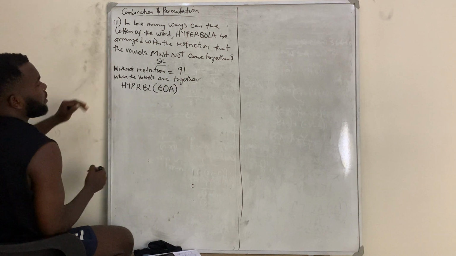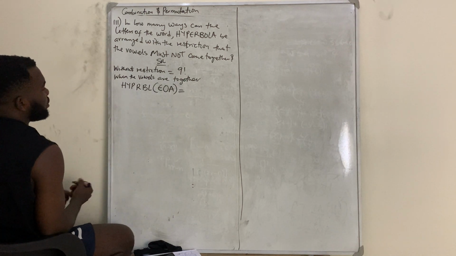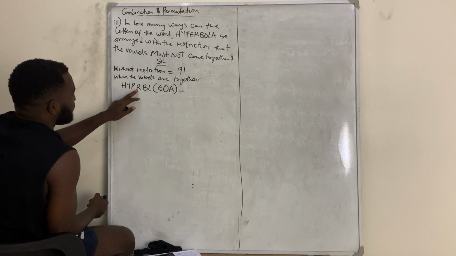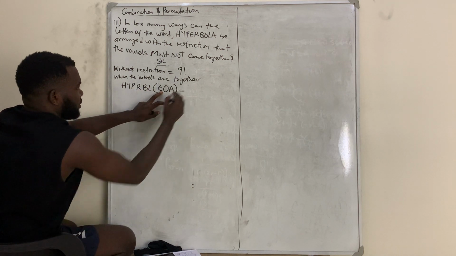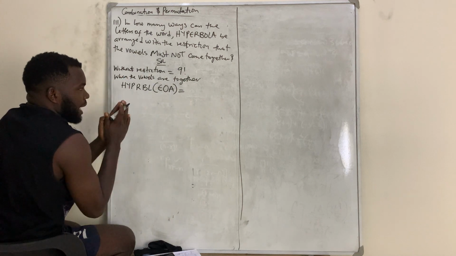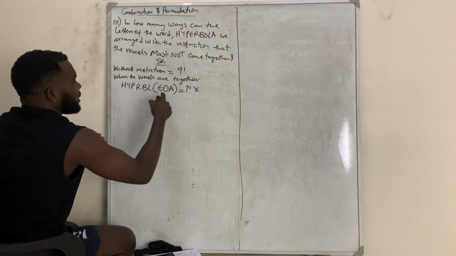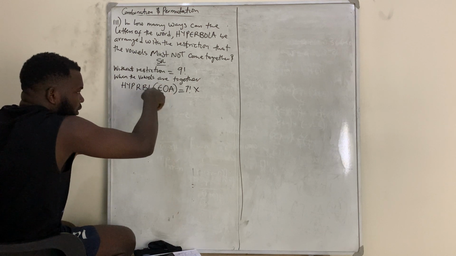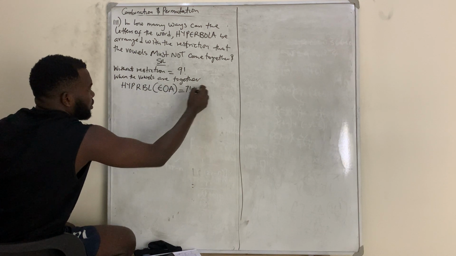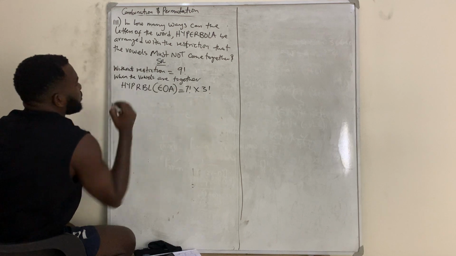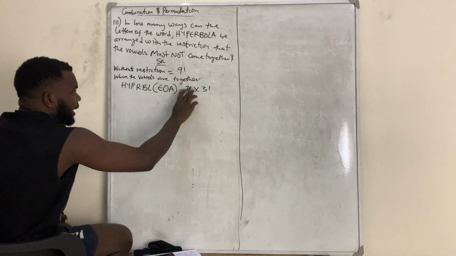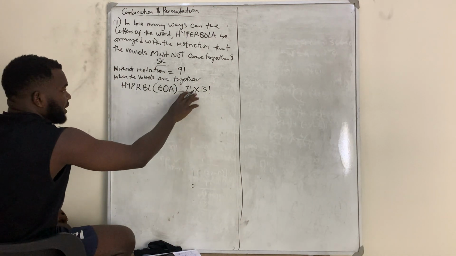So these are the 3 vowels. When they are together, it's going to be 1, 2, 3, 4, 5, 6, 7. So we count the vowels as 1 when they are together. So you have 7 factorial, then times, in arranging them inside there, there are three vowels, so I'm going to have 3 factorial. So now this is to get the arrangement when they are together.